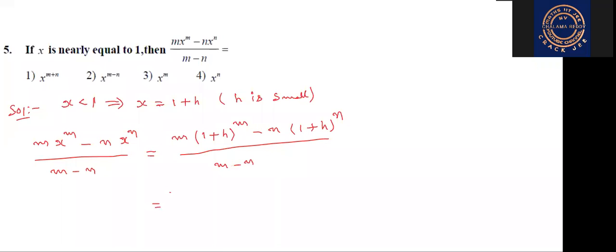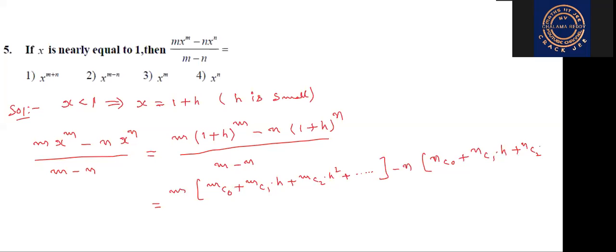Here (1 plus h) power m expansion is mC0 plus mC1 into h plus mC2 into h square plus and so on, minus n into nC0 plus nC1 into h plus nC2 into h square plus and so on. The last term I am not writing.